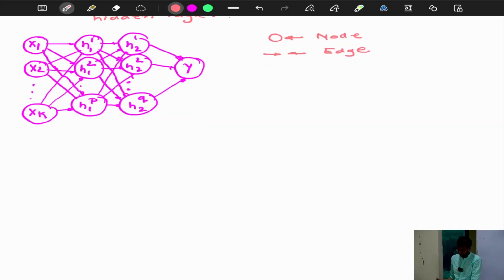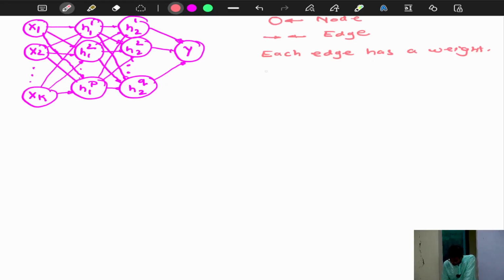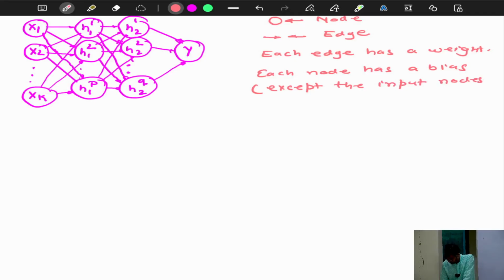And then as I said, each edge has a weight, and each node has a bias, except the input nodes. Input nodes means x1, x2, xk.